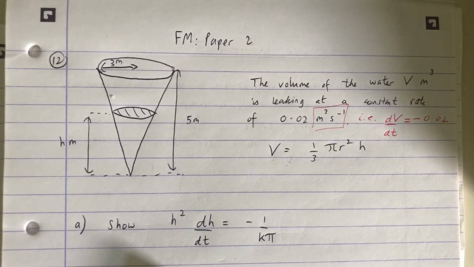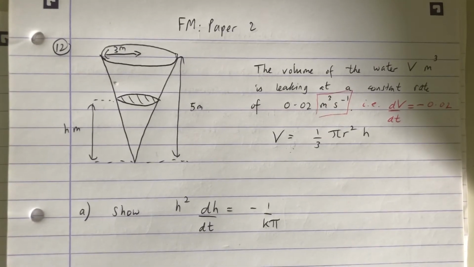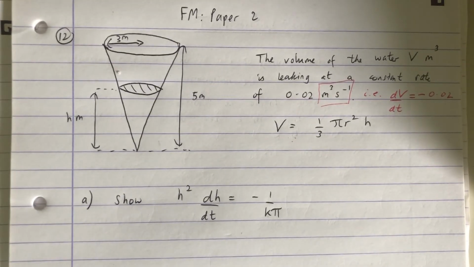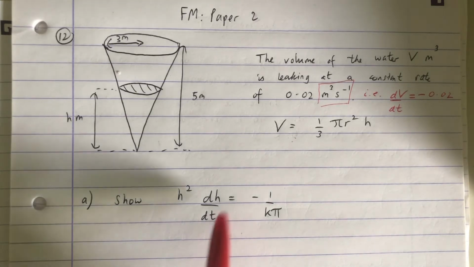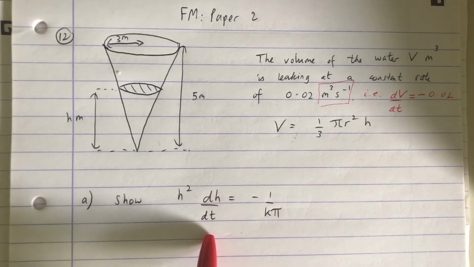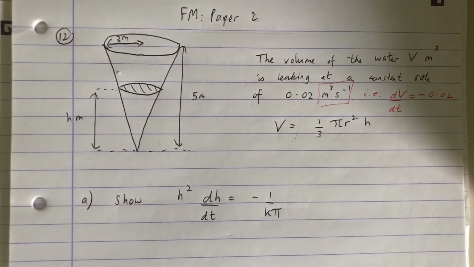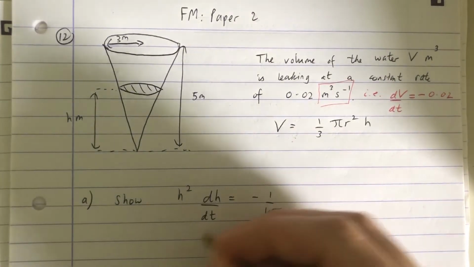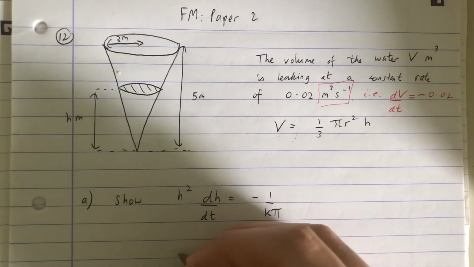Now that's all that's given in the question, and then you are asked to work out dH by dt effectively. Now this is called connected rates of change because you've got a chain rule in differentiation which allows you to write stuff like dH by dt in terms of stuff like dV by dt. So the first thing I'm going to do is focus on the dH by dt.